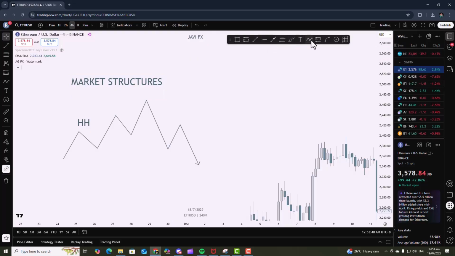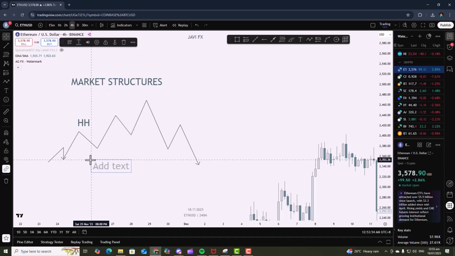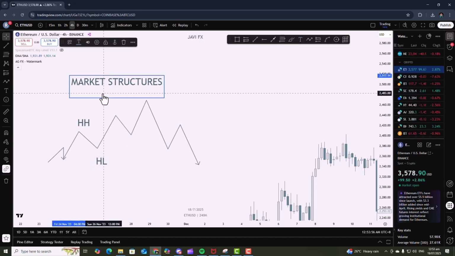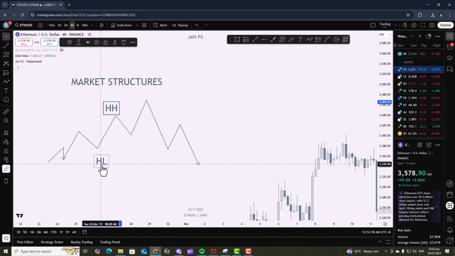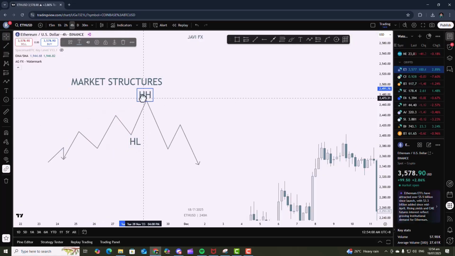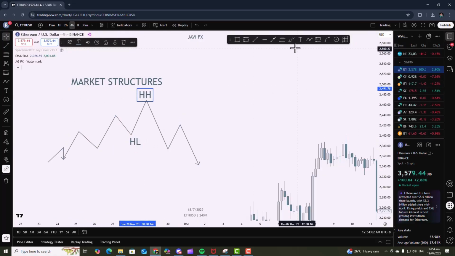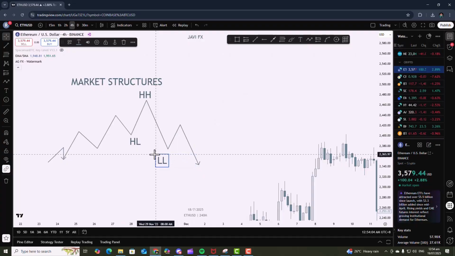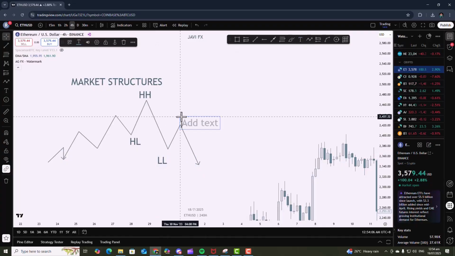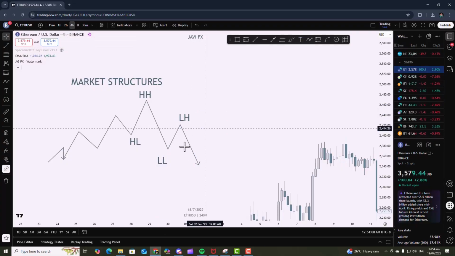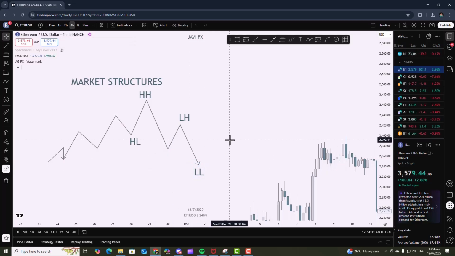Let's say there was some structure here already. Higher high, higher low, higher high, higher low, higher high. Oops, you broke down. What is this? Lower low, lower high, and lower low. Okay?